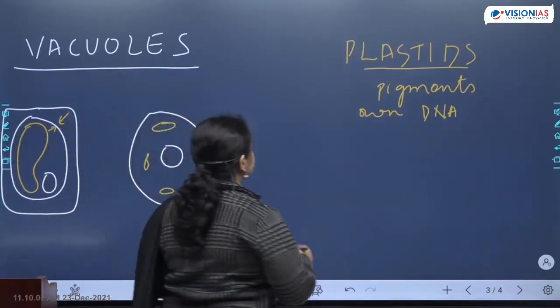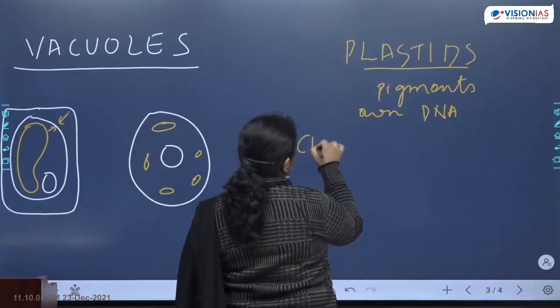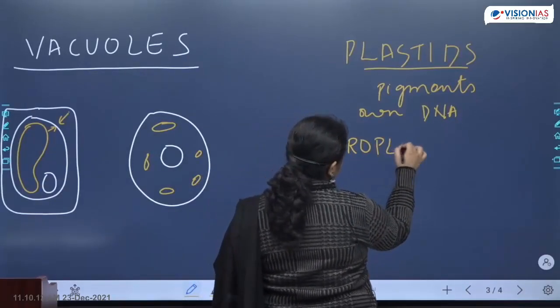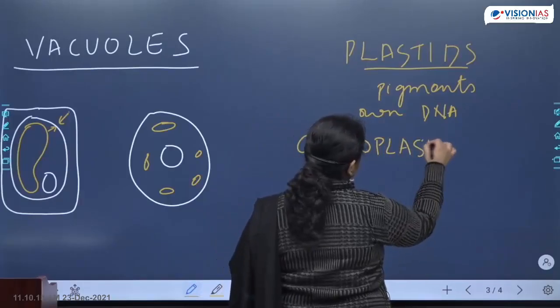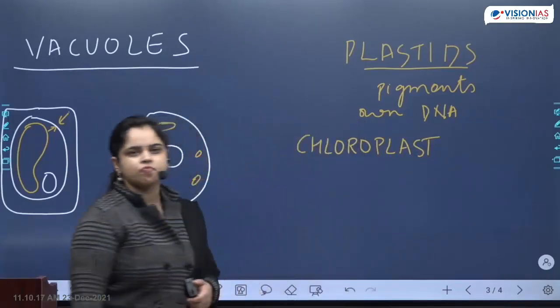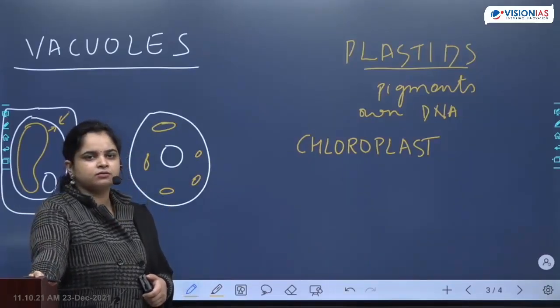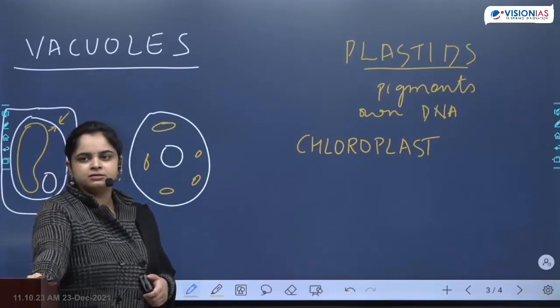They are of three types. First one, chloroplast. Please write this.